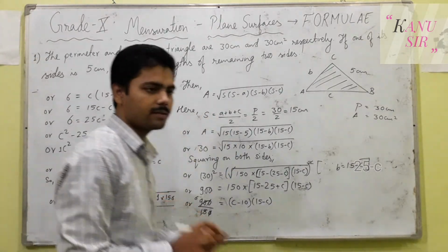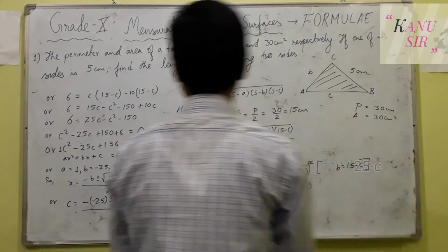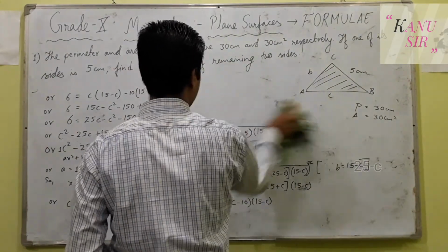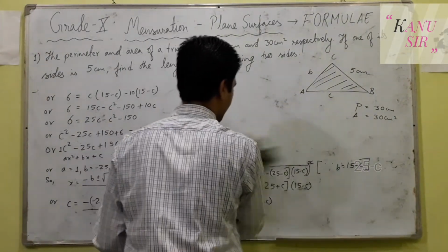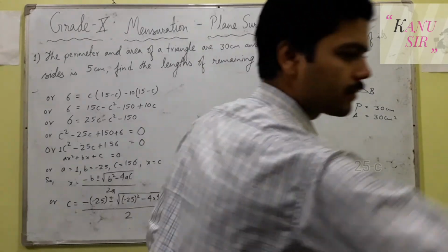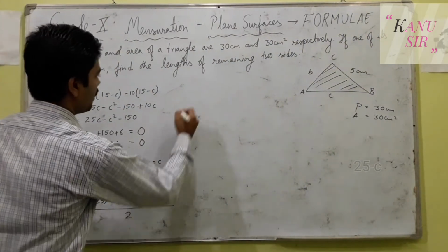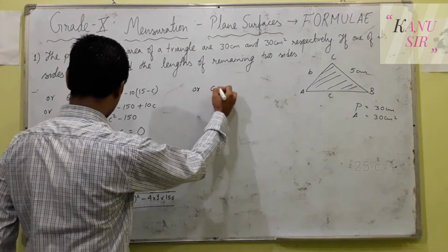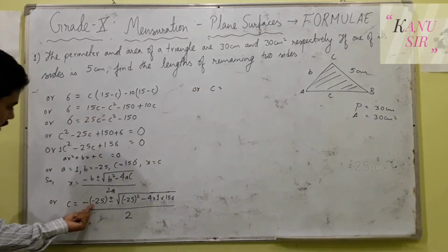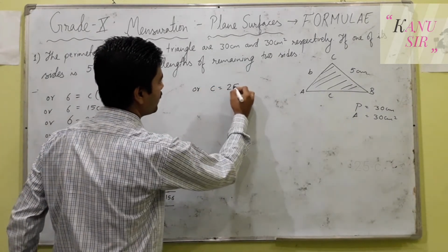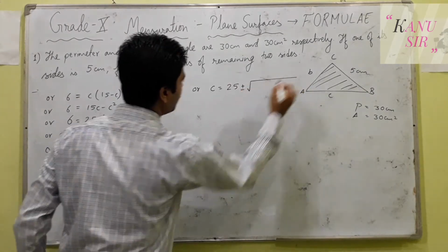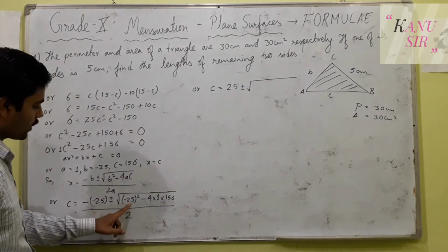I am going to erase this. So c is equal to minus of minus 25, plus minus under root b², that is minus 25 whole square.